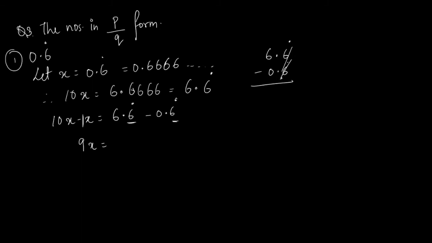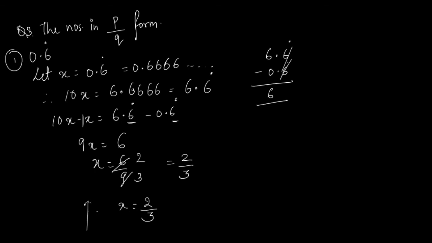Both are going to get cancelled out. What remains is going to be 6. So 9x equals 6. Therefore, x is equal to 6 by 9, which is equal to 2 by 3. Therefore, your final answer: x is equal to 2 by 3. You can write down that 0.6 recurring is equal to 2 upon 3. So I hope this is understood, children. Yes, any doubt over here? Let's move ahead.